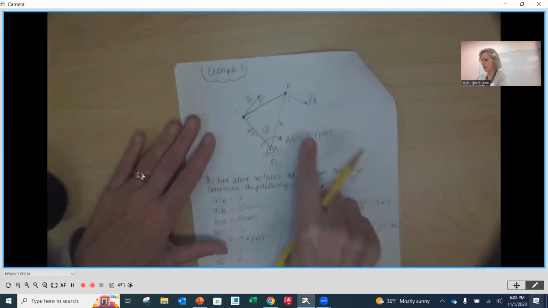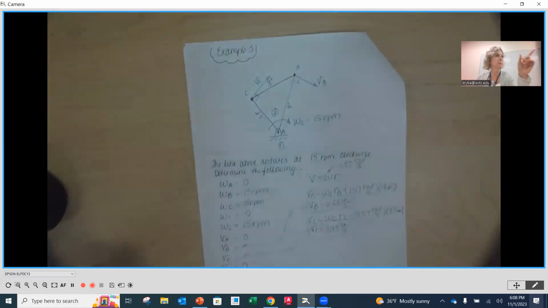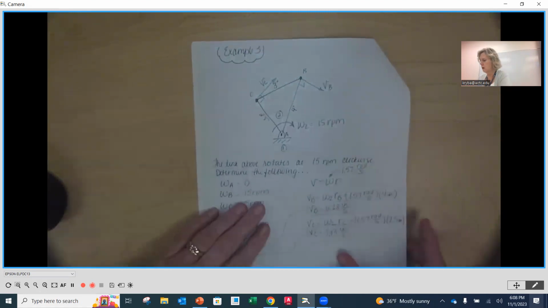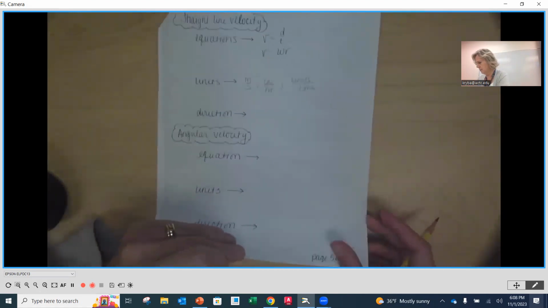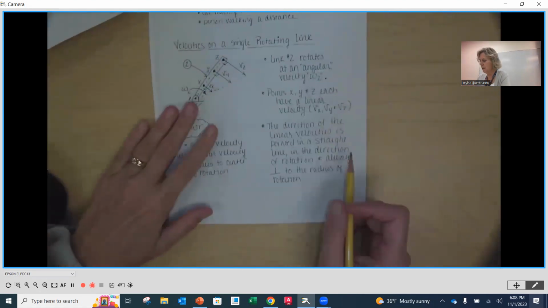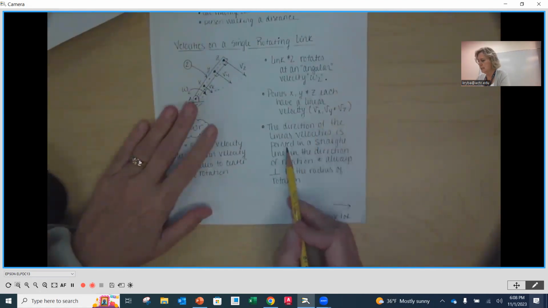When we put this here, it's perpendicular to its radius of rotation, right? And in the direction of rotation, those two things. So I think it's the very first page. It's this right here. The direction of the linear velocities is pointed in a straight line in the direction of rotation and always perpendicular to that radius of rotation. So this is exactly what it is.